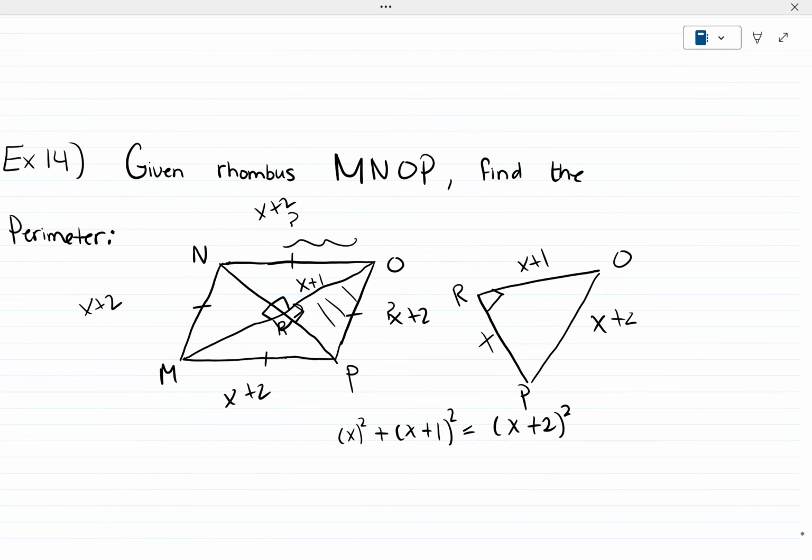So let's do that. What is x squared? x squared. What is x plus 1 squared? It's going to be x squared plus 2ab, so that's 2x, plus b squared, which is 1. What is x plus 2 squared? That is x squared plus 2ab, so that's 4x, plus b squared, which is 4.